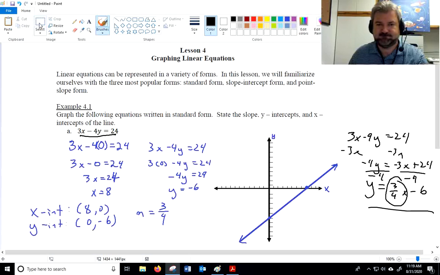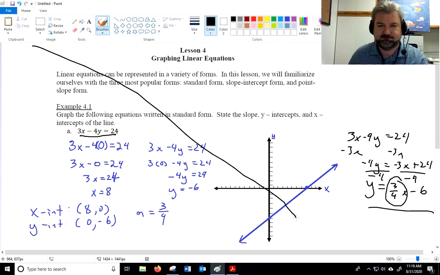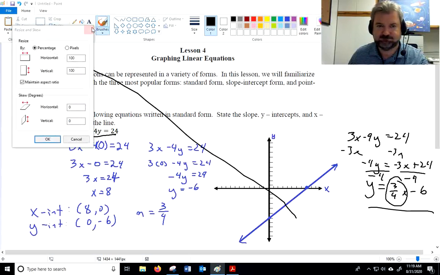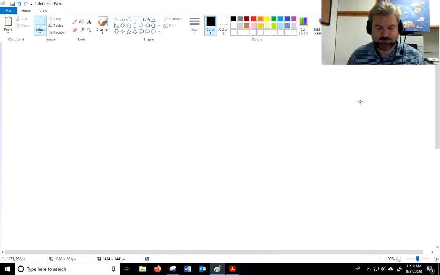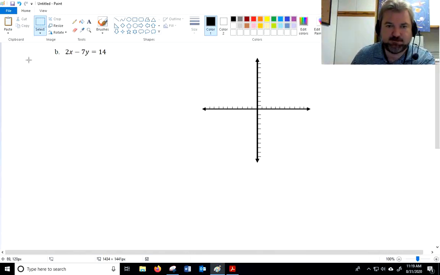All right, let's take a look at another example. Okay, I've got 2x minus 7y equals 14. Again, I'm going to start by finding the x and y intercepts. We could also solve the equation for y and do it that way.